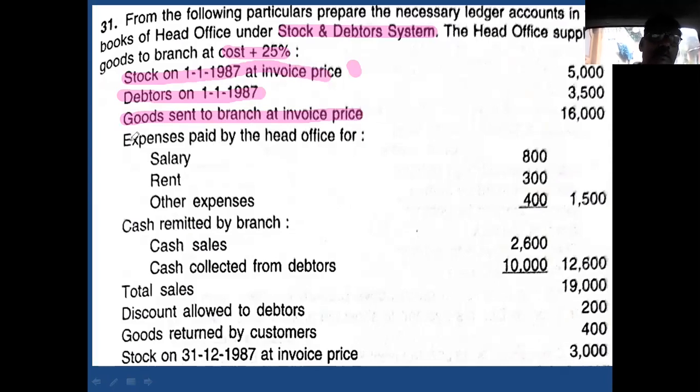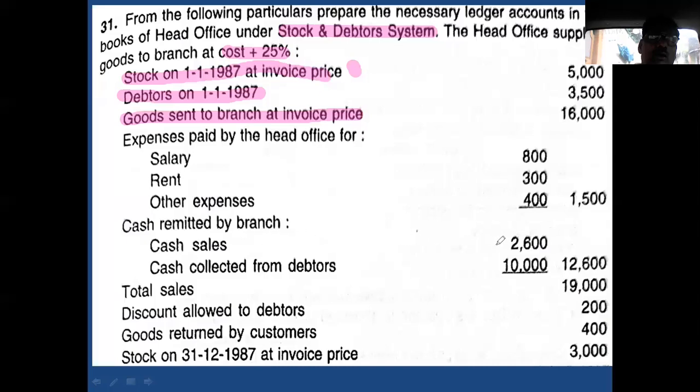Then expenses paid by the head office: these three expenses come in the branch expense account debit side, to cash. Then cash remitted by branch.